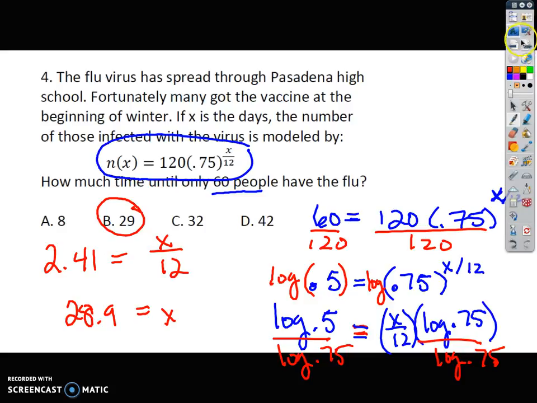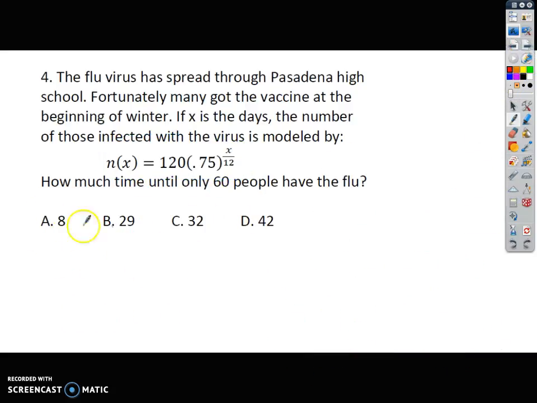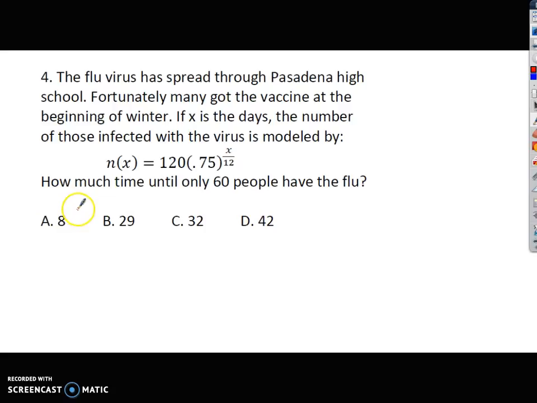Now there is an easier way to do this. Since we do have options, we have answer choices, we can actually use the answer choices to our advantage. These answer choices are the days it would take for me to get 60 people with the flu. So this is going to be 60, right?